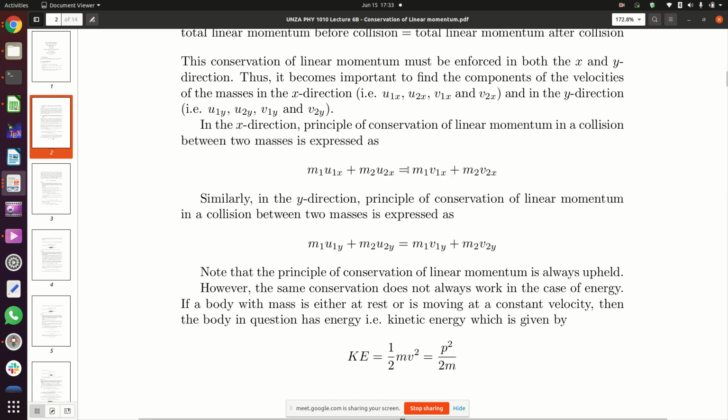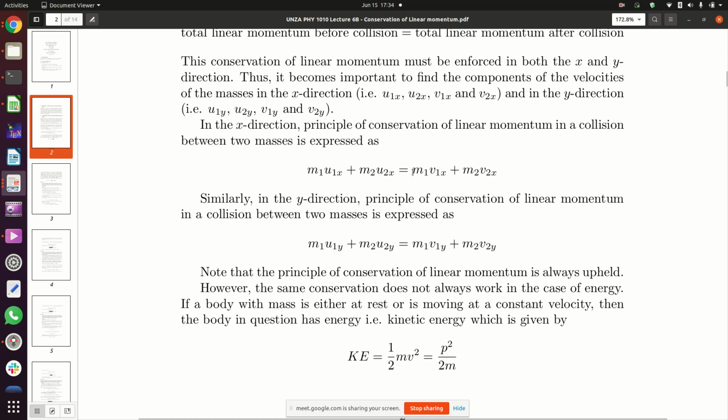mass of the first object multiplied by the velocity of the first object after collision along the x-axis, which is v1x, plus the mass of the second object multiplied by the velocity of the second object after collision along the x-axis, which is v2x.